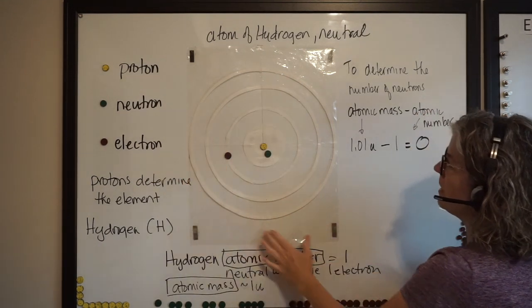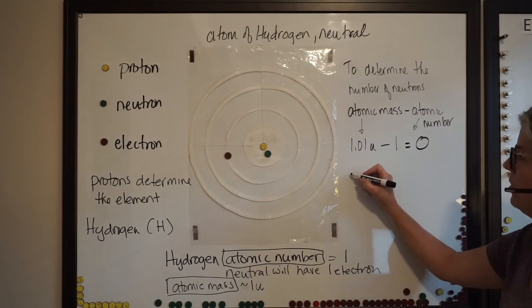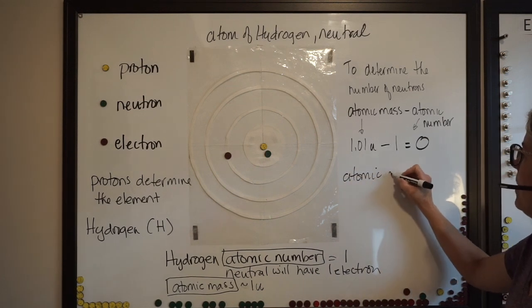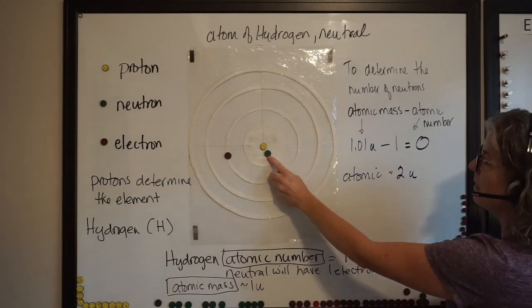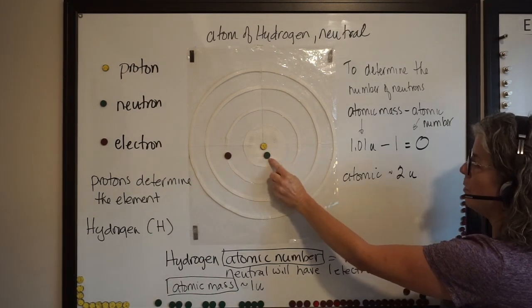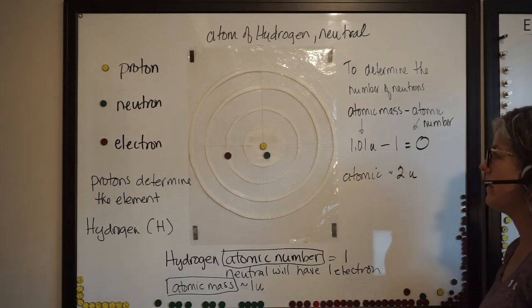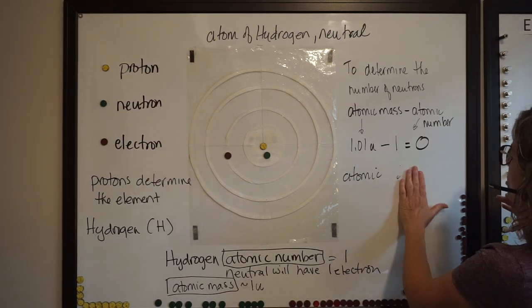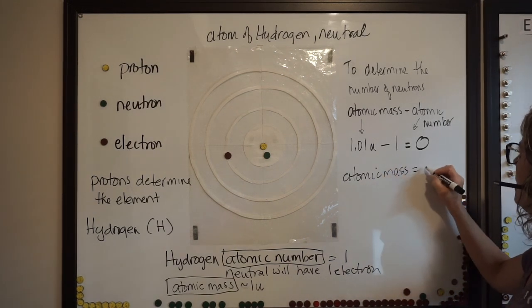So what would be the mass of this hydrogen? Well, its atomic mass would be about 2 atomic mass units, because a neutron has 1 atomic mass unit and a proton has 1 atomic mass unit. So its atomic mass would equal 2.